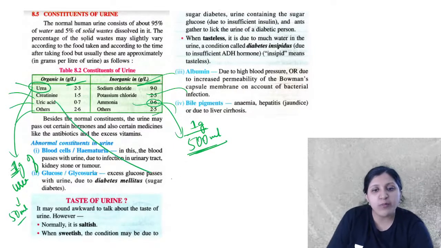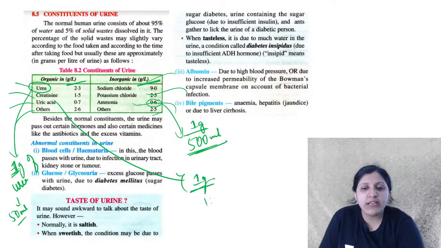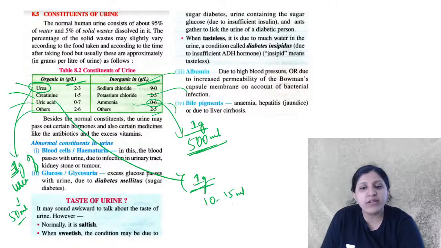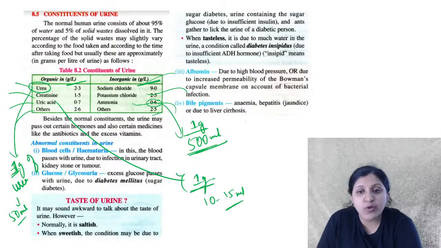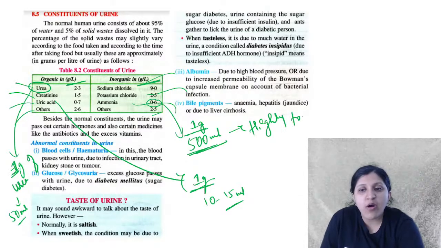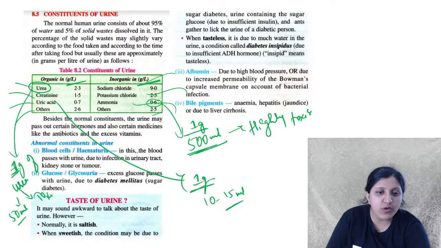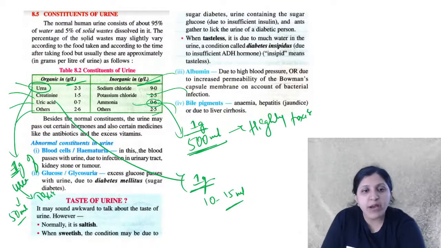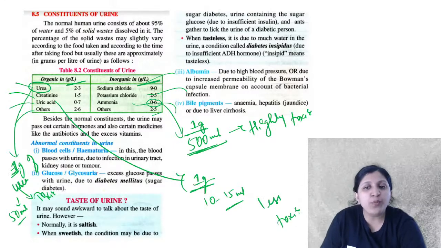To remove 1 gram of uric acid, usually 10 to 15 ml of water is sufficient. That is why ammonia is highly toxic. Urea is again toxic, and uric acid is somewhat less toxic compared to both of them.